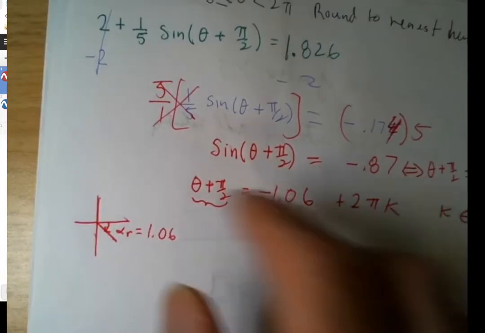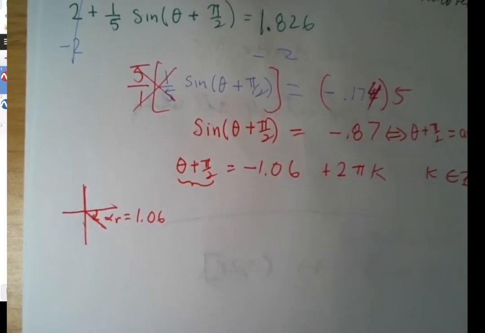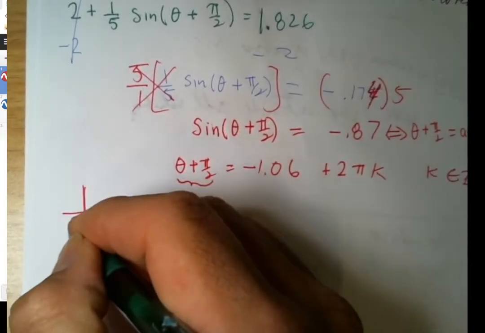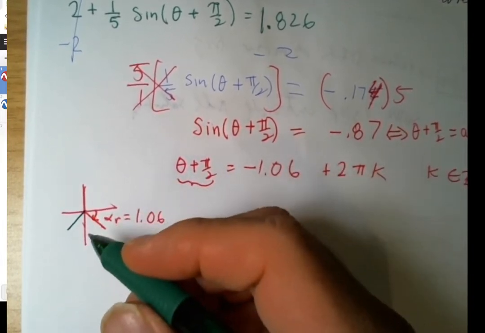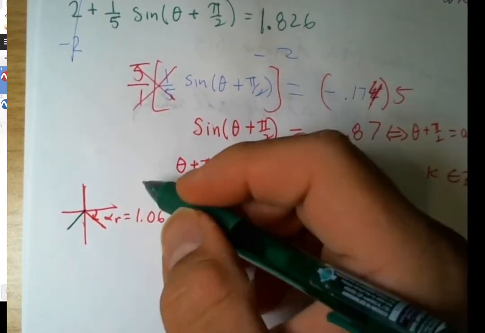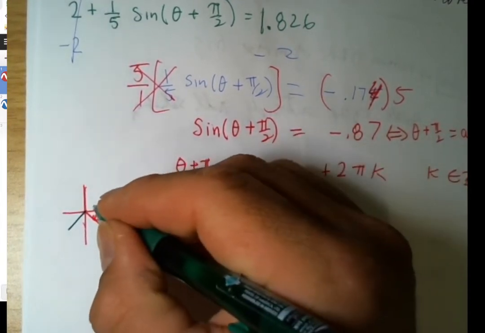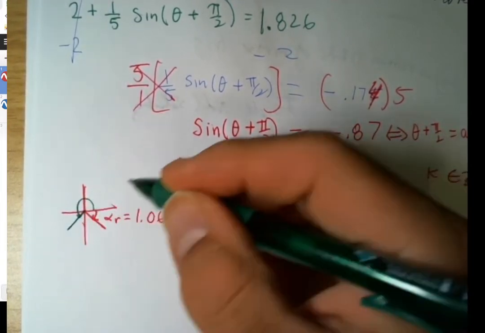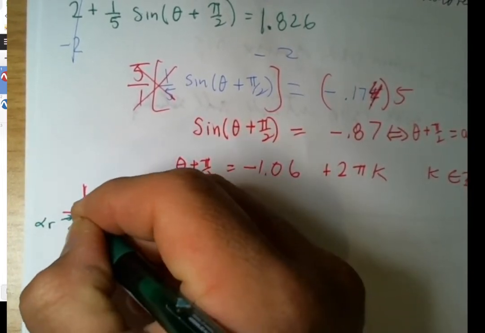Every 2 pi k, I get a solution. But that's not the other solution. Another thing we need to make sure we understand here, the other quadrant where the sine value is negative is quadrant 3. And that is this angle here.